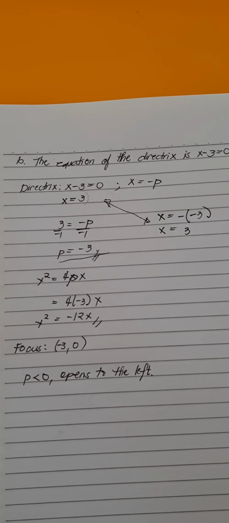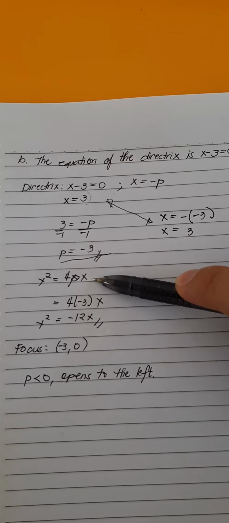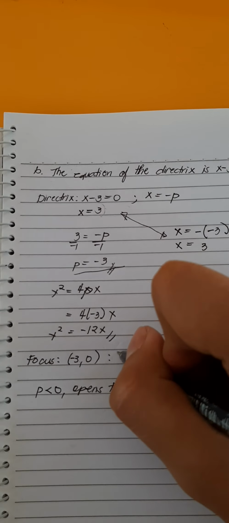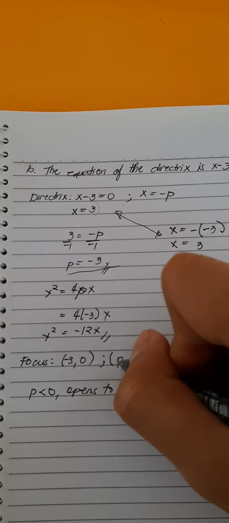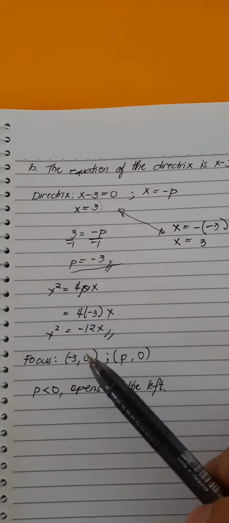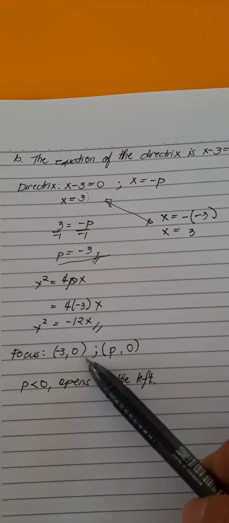At ang focus natin, kapag ganito ang format ng ating equation, it follows that the focus should be in the form of p, 0. So andito na siya. So we have negative 3 for p, 0.